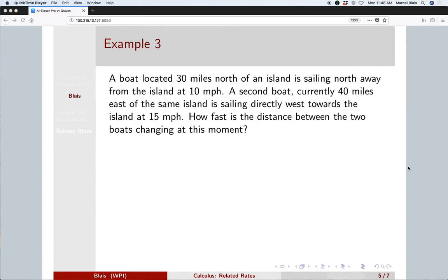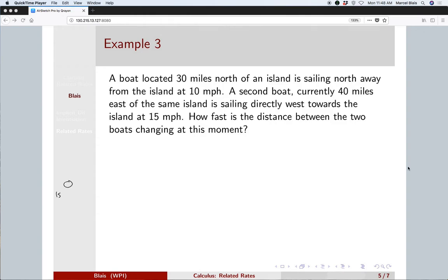Here, suppose we have this scenario where we have a boat 30 miles north of an island, and that's sailing north at a certain velocity. Then we have another boat 40 miles east of the same island, and that's sailing west at this velocity. And then we're interested in how the distance between the 2 boats is changing at this moment. So let's model this.